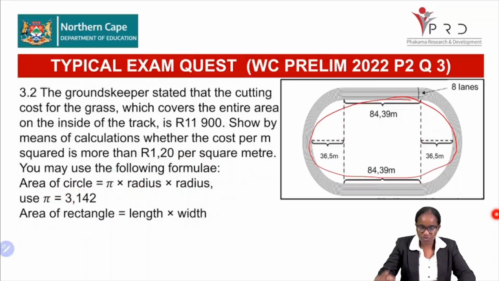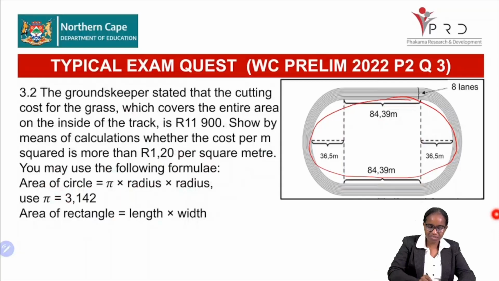Show by means of calculation whether the cost per meter squared is more than R1.20 per square meter. You may use the following formula. We've been given the area of a circle, it's pi times radius squared, and we are using pi as 3,142. And the area of a rectangle is length times width.